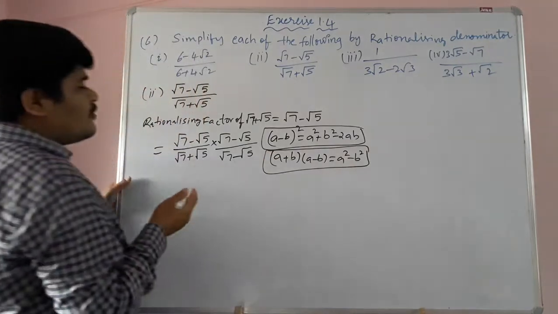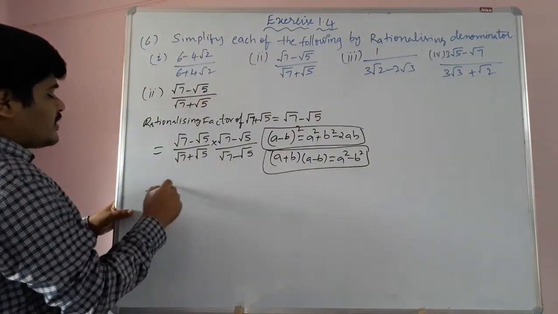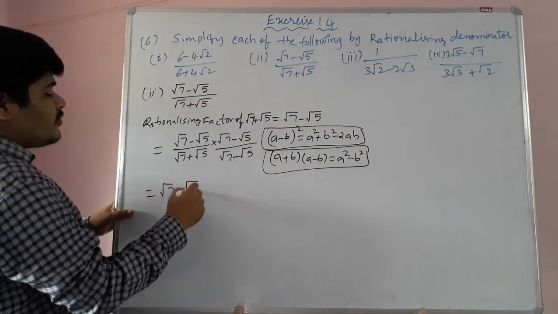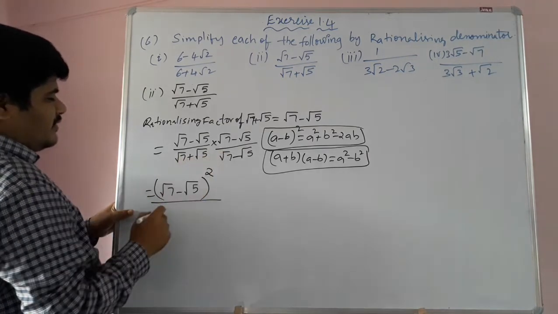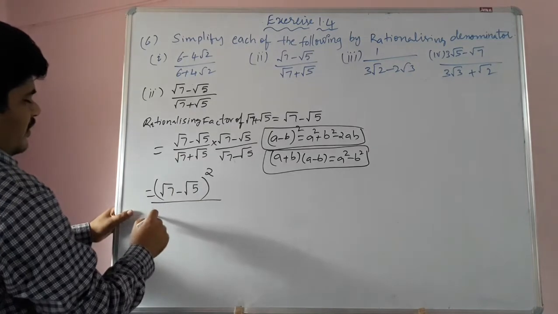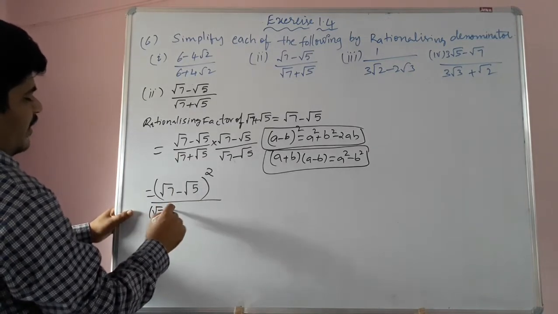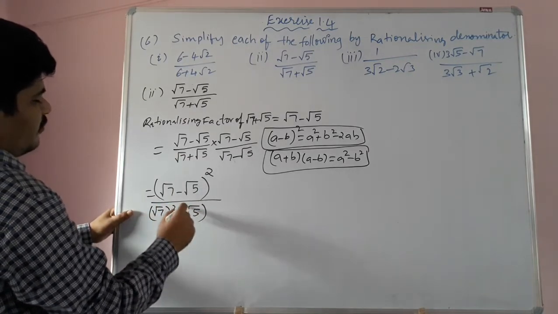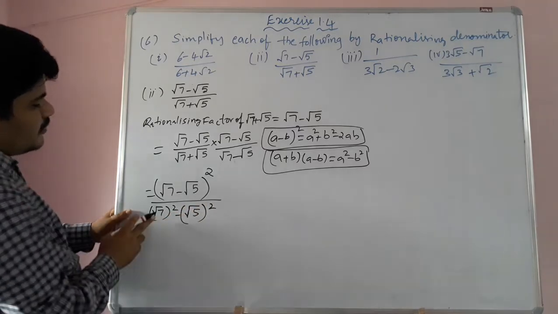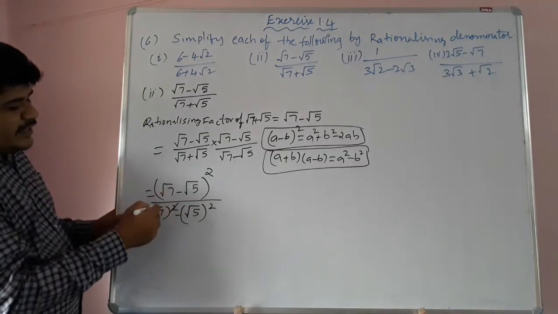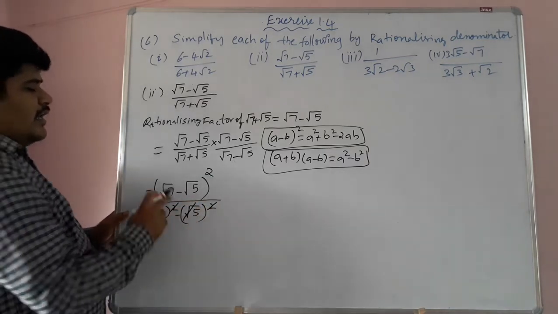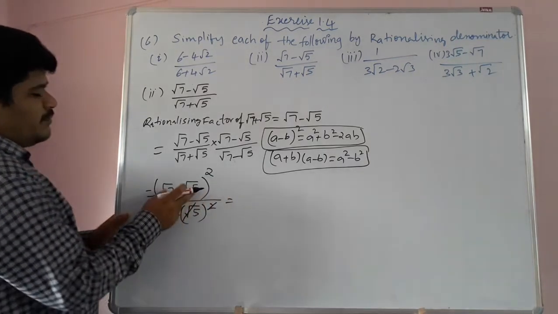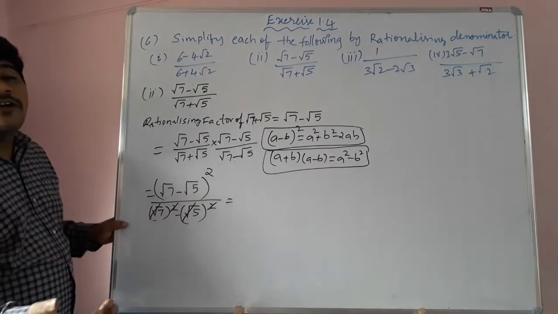So students, now we have to write root 7 minus root 5 whole square by this. We can write the denominator product as root 7 square minus root 5 square, and we know that square and square root means we can cancel it. And you have to expand the numerator by using the a minus b whole square formula.